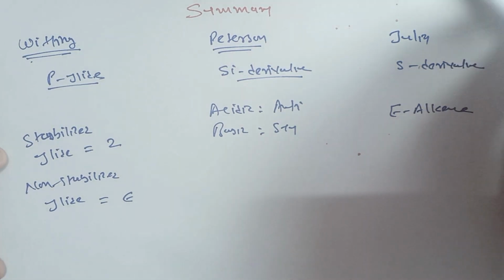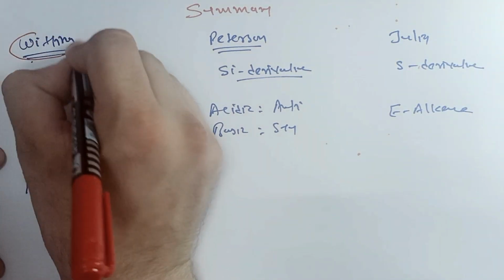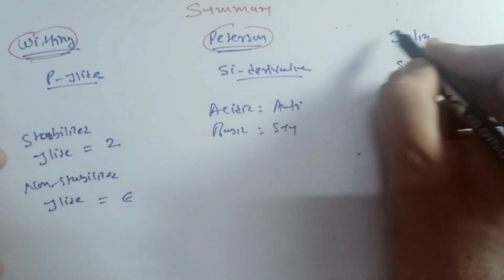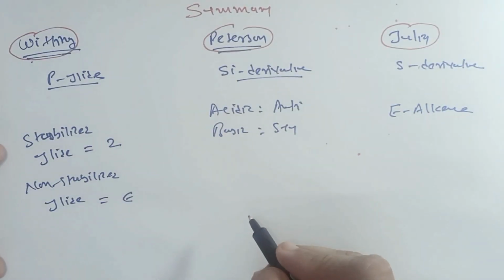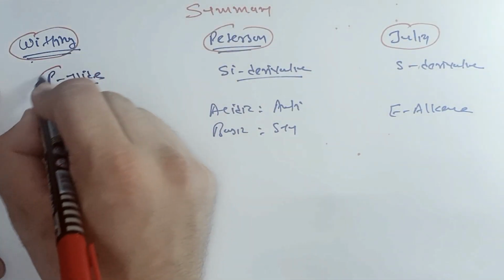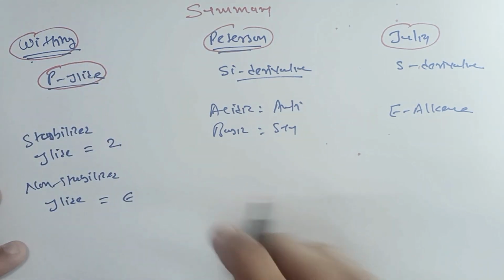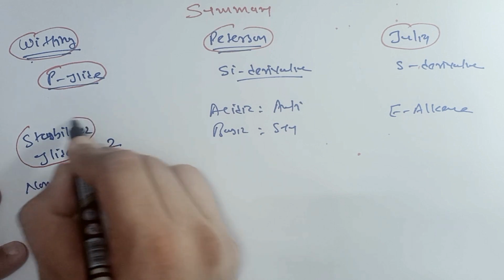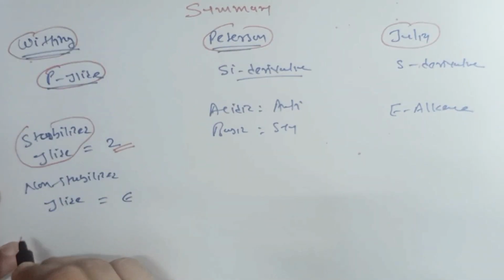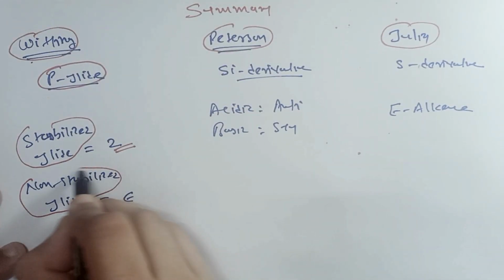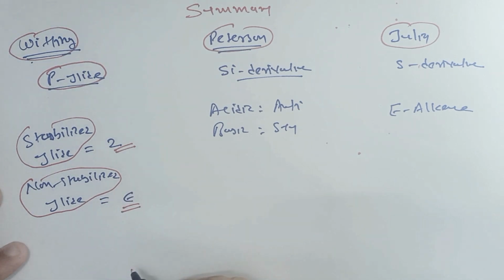Okay, so this is a very important comparison of the Wittig, Peterson and Julia olefination reactions. In the Wittig reaction we have seen that we use a P ylide molecule. A stabilized ylide will produce a Z alkene, and a non-stabilized ylide will produce an E alkene.